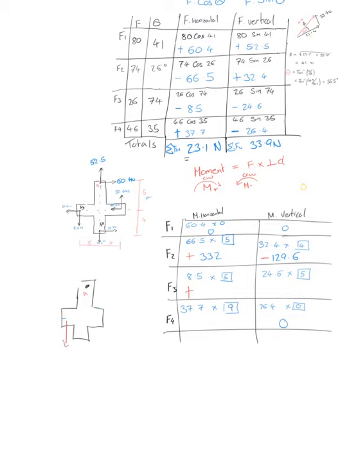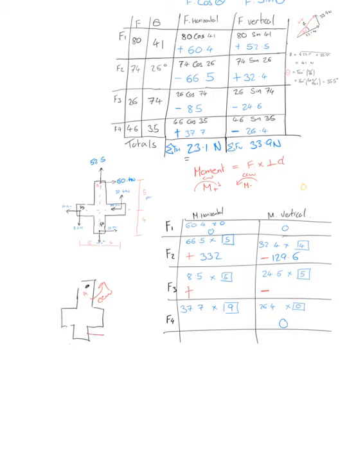F3 vertically. It would come down here like this. If that was the only force happening, it would make the shape rotate counterclockwise around that point A. So here it's going to be negative. F4 horizontal. Again, I can eliminate every other force on my shape and consider F4 by itself.